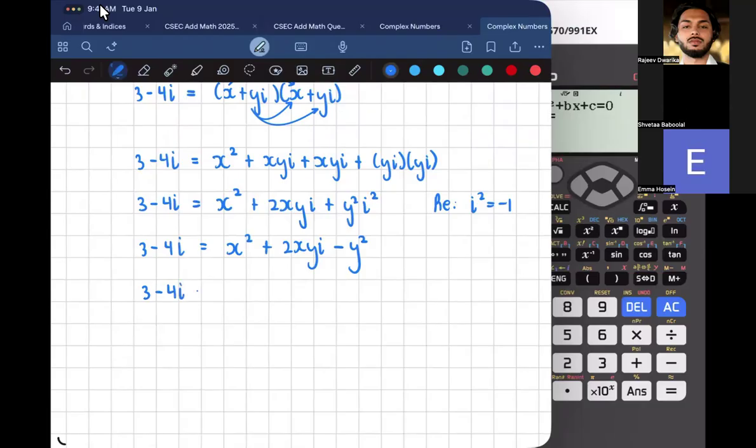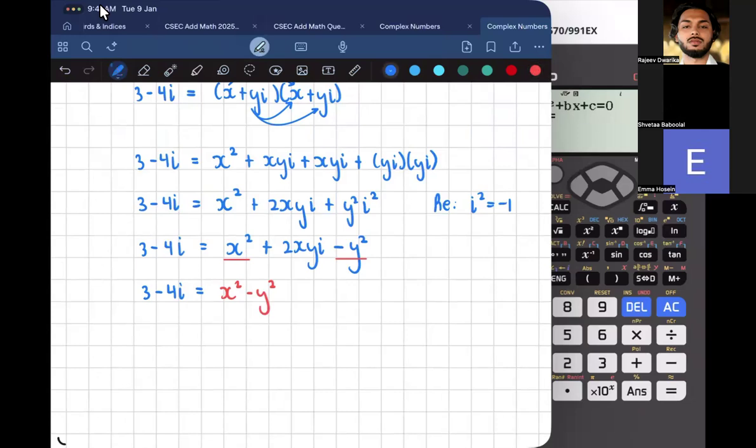On the right-hand side, can you tell me what are the real parts? x squared and minus y squared, right, because those don't have any i in them. So I could group that together and write x squared minus y squared. That would be the real part over there.